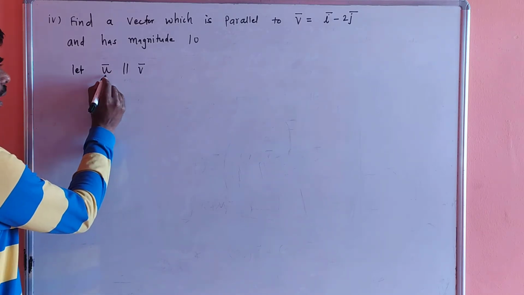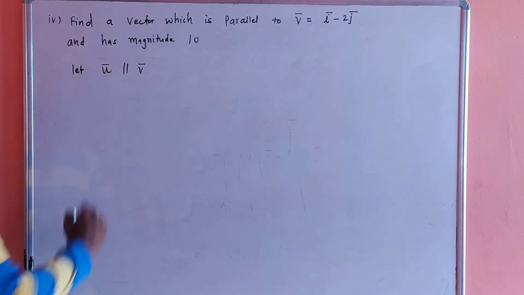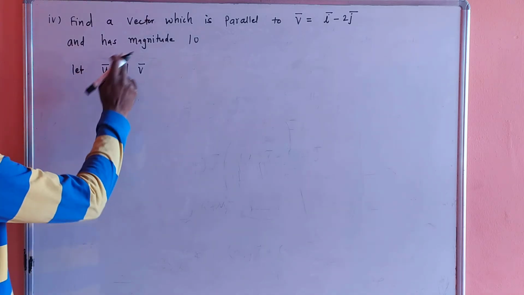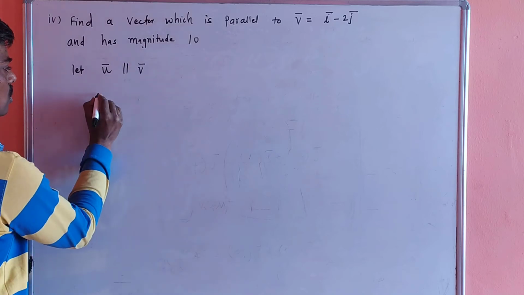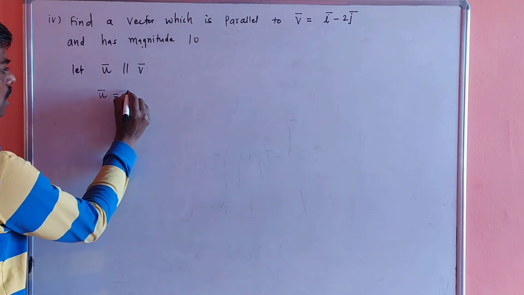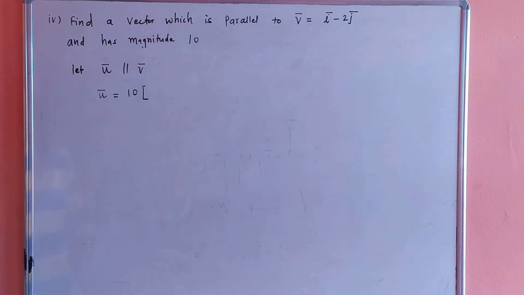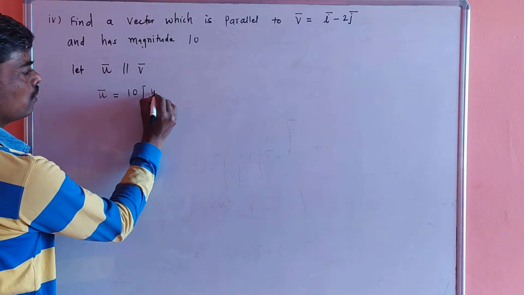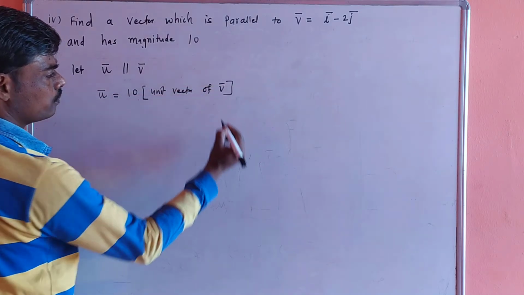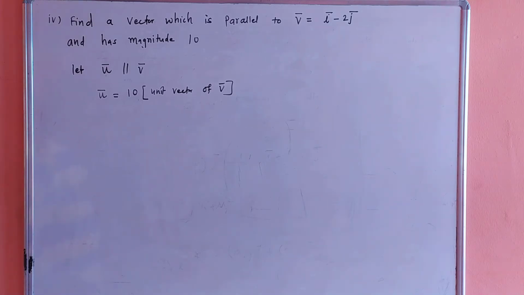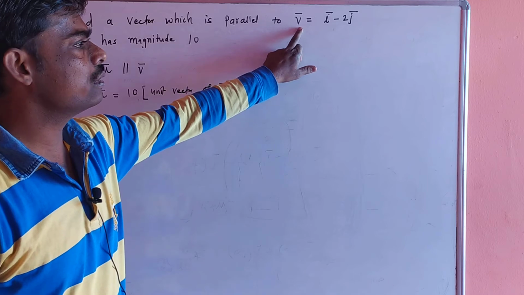So if vector u is parallel to vector v, then what can we say? The given condition is magnitude 10. That means this vector u is 10 times the unit vector of vector v.